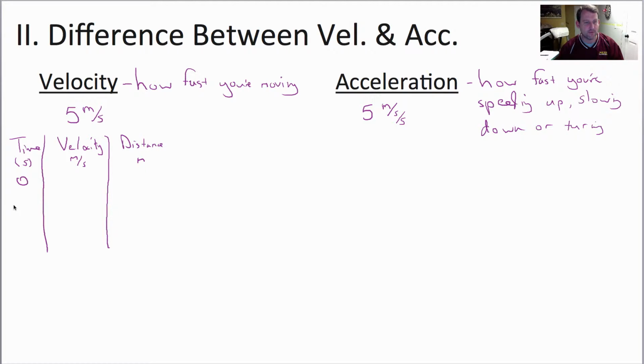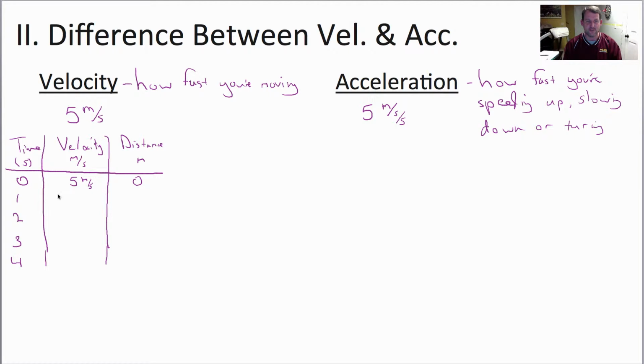So we'll take a look at 0 time, 1 second, 2 seconds, 3 seconds, 4 seconds, and we'll look at what happens to the velocity and the distance during those times. So at 0 time, we're moving at 5 meters per second, but we haven't gone anywhere because it's still 0 time, so we're at 0 distance.